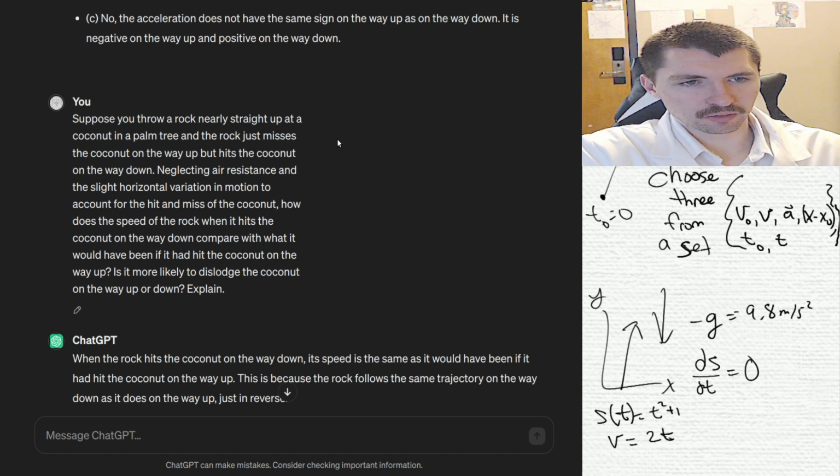So the speed is going to be faster because it's getting accelerated.